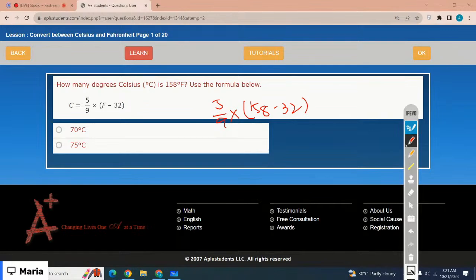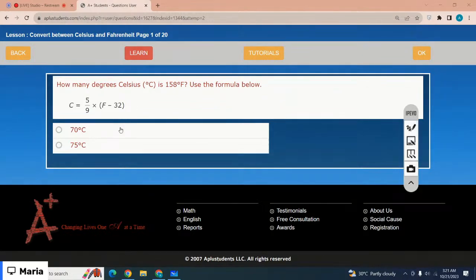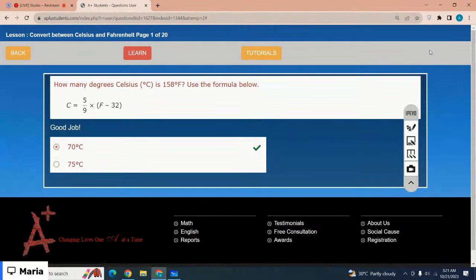The correct option is 70 degrees Celsius. So just replace the F with a value and do the calculation. Very good.